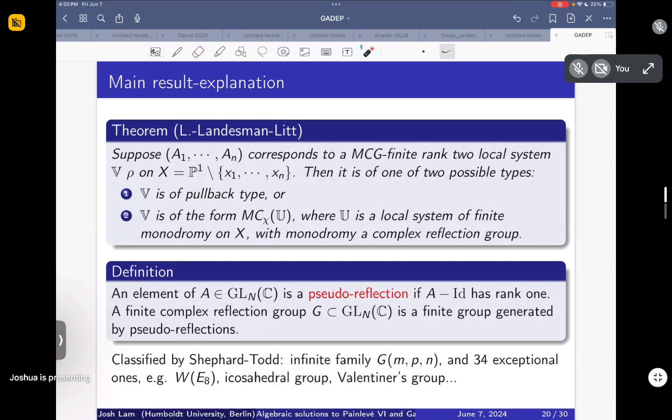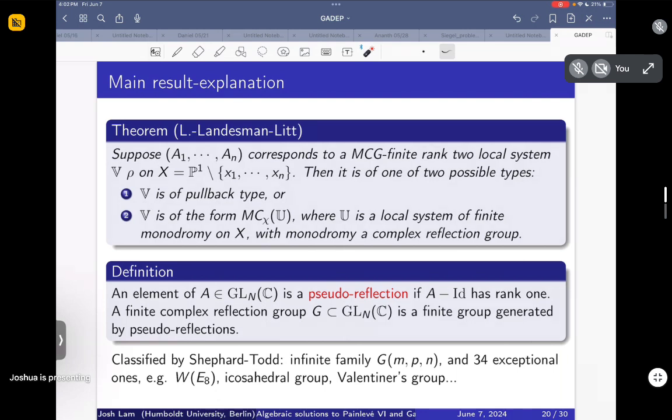You already know a lot of these. If you have the icosahedron, you can look at the reflections or symmetries of the icosahedron, and that would be a complex reflection group, or you can just take any Weyl group. Of course, as you know, those are generated by reflections, so that's also a complex reflection group.